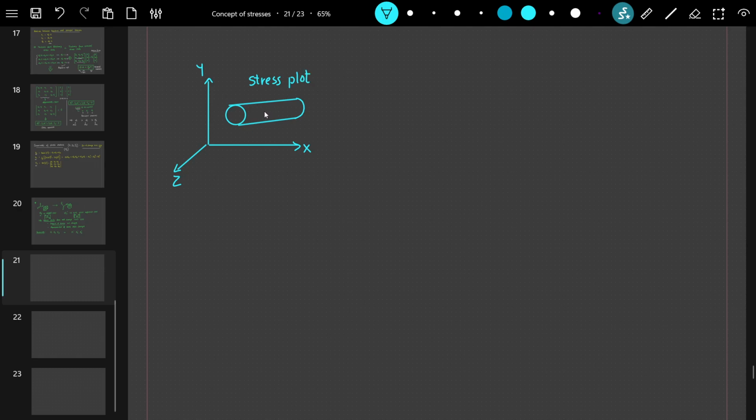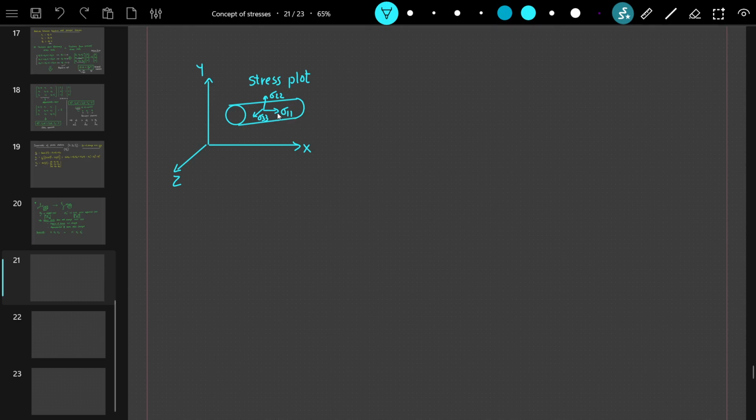Now we get the stress components as something like this: sigma 11, sigma 22, and sigma 33. This cylindrical component is placed in the global coordinate system, something like this.